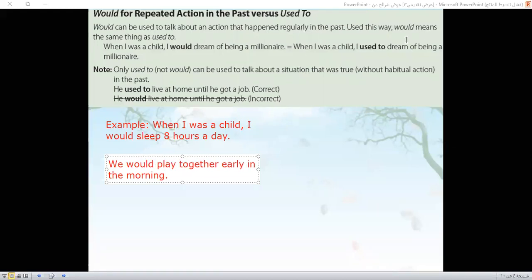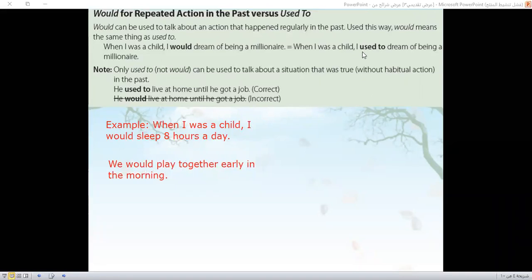One thing you should know about used to and would is that only used to, not would, can be used to talk about a situation that was true without habitual action. I use would if it's an action that was a habit in the past.